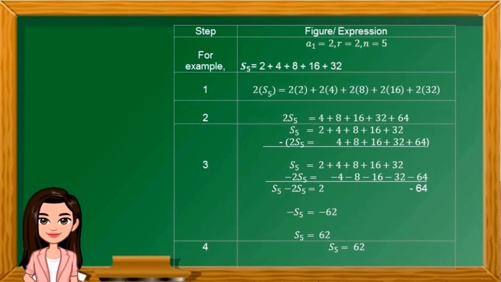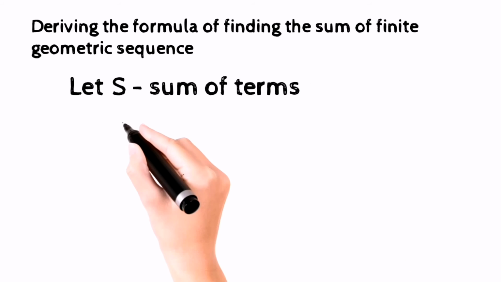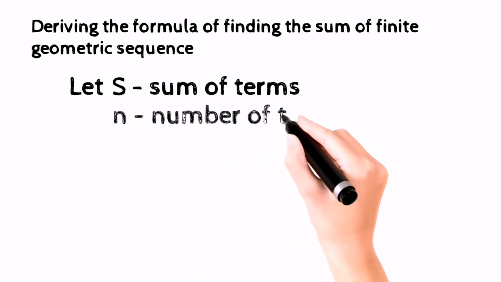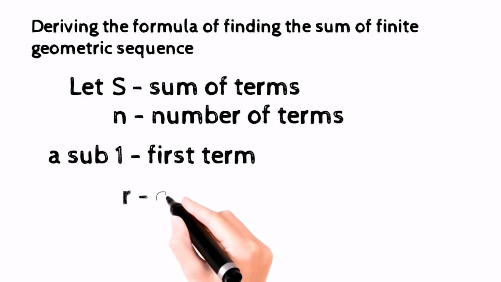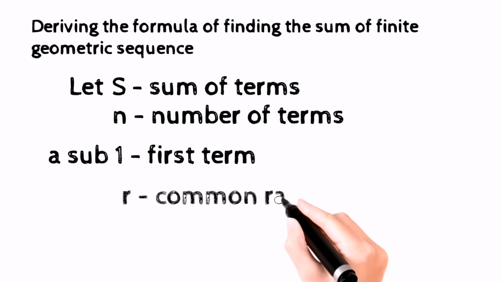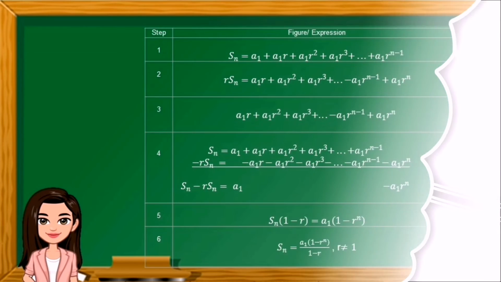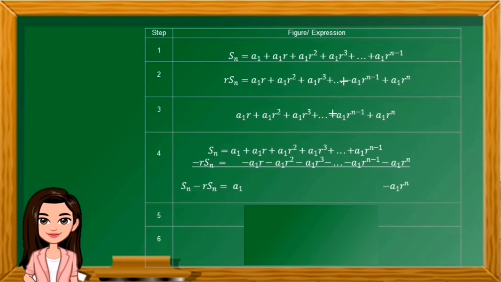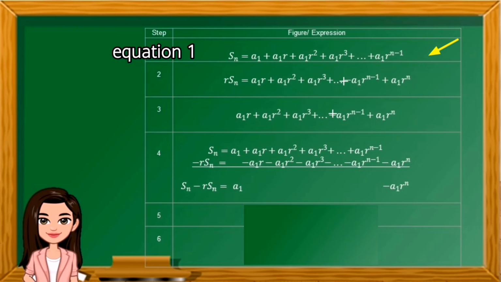Let's do this, guys! This is the general expression of a finite geometric sequence. To derive the formula, let us do the same steps from the previous example. Equation 1.